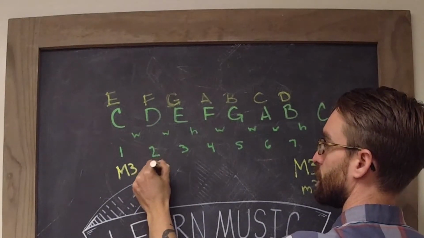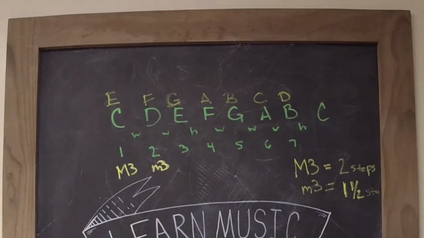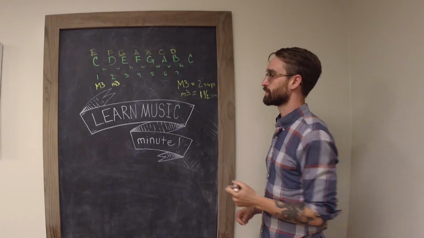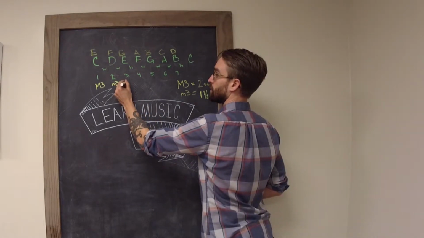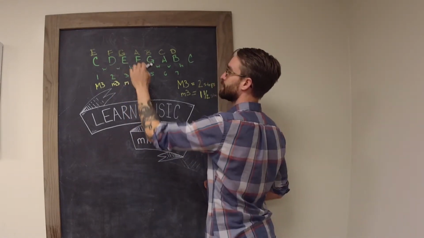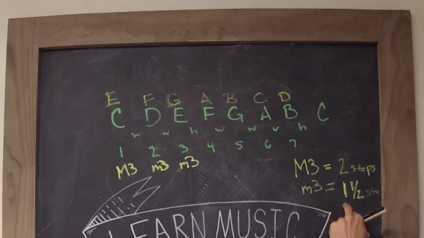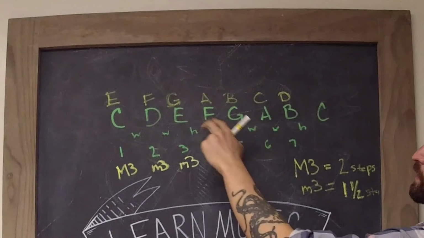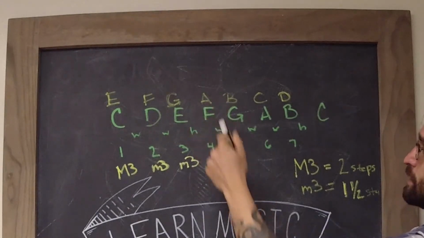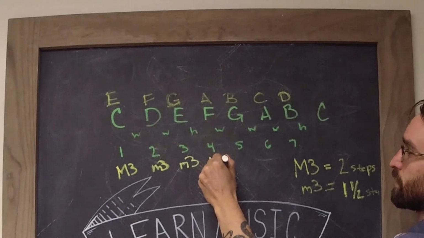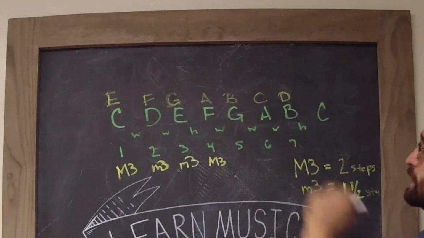All right? We're calling these intervals, by the way. A third is one type of interval out of a bunch of different types of intervals. This is the important one to start with. From E to F is a half step, and from F to G is a whole step. That makes this a minor third. Looking at our next one, from F to A, that's going to be a major third because it's 2 whole steps.